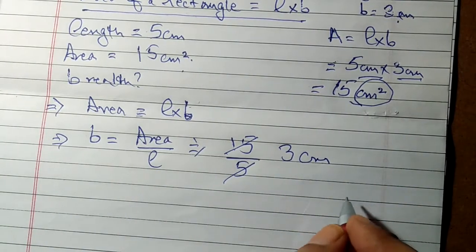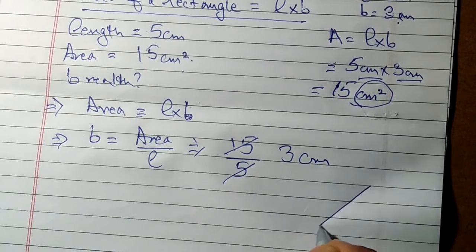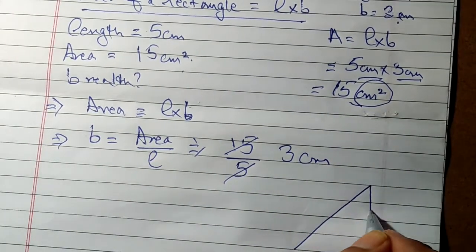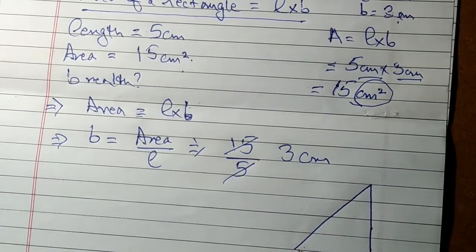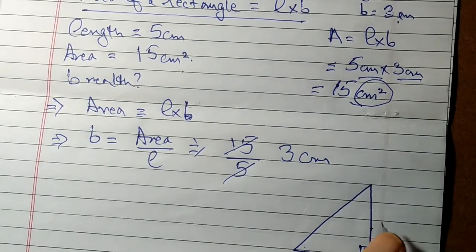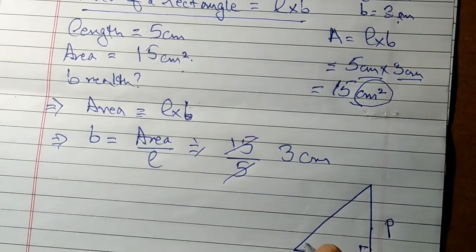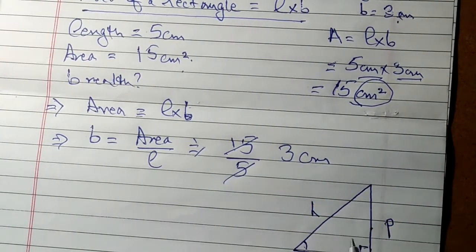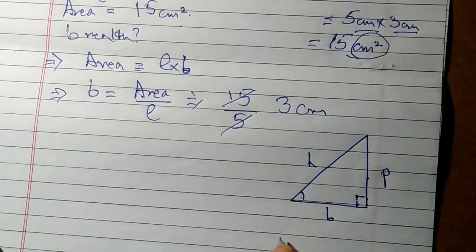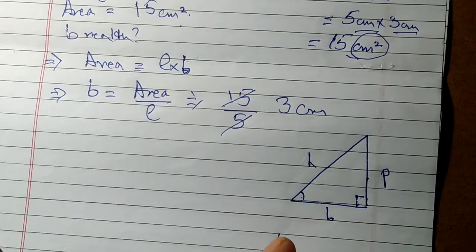One thing I just want to add here, which you don't have to learn right now, maybe in class 9, is that there's a theorem called Pythagoras theorem. When you have a 90-degree triangle like this, with this perpendicular, this base, and this called hypotenuse, we have a relation: hypotenuse square is equal to base square plus perpendicular square.